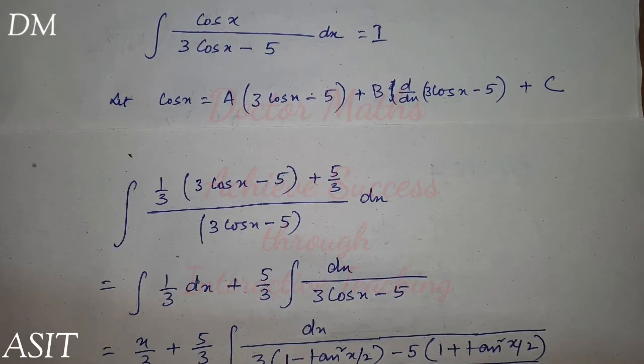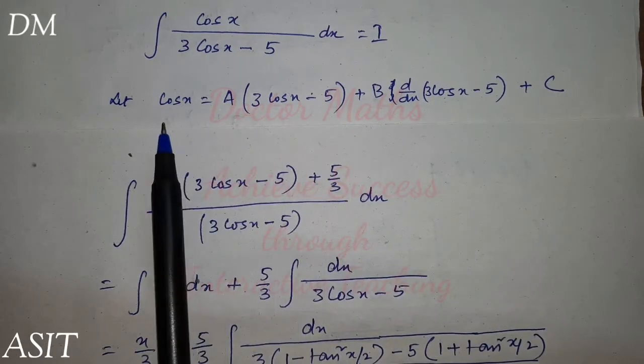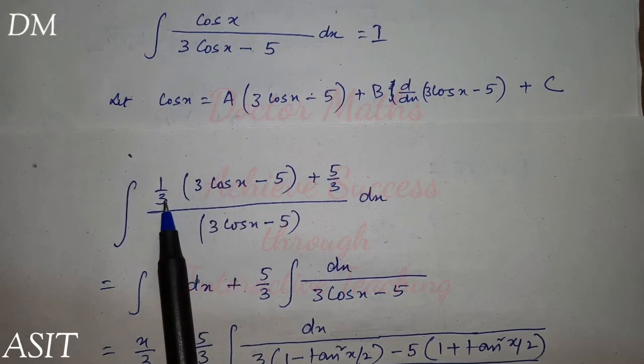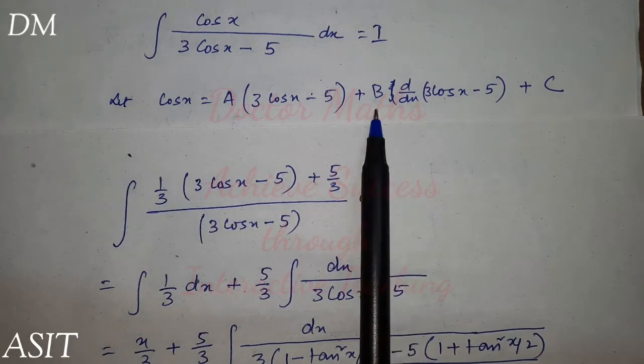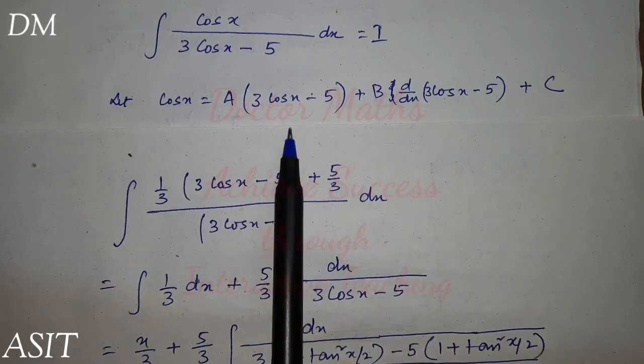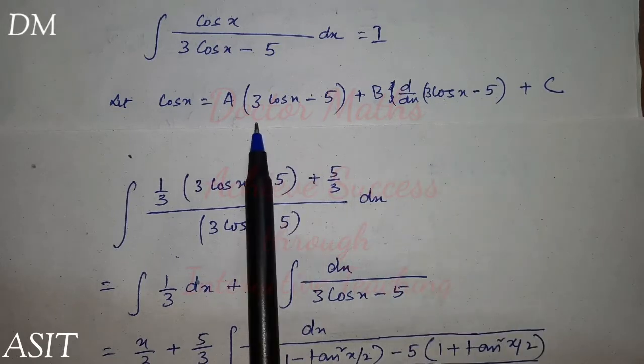Now if I put the values of a, b, and c in this relation, the value of a is 1 by 3, the value of b is 0, and the value of c is 5 by 3. So we can replace this cos x by this expression.